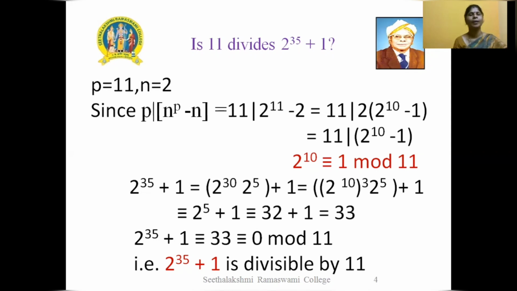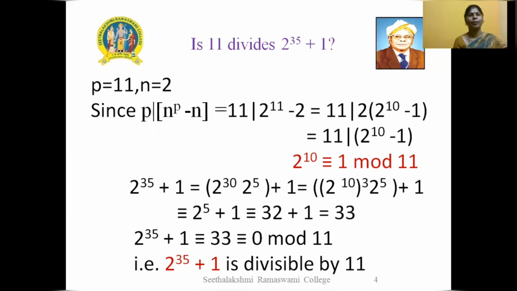From the problem, consider 2 power 35 plus 1 equal to 2 power 30 into 2 power 5 plus 1, which is equal to 2 power 10 whole power 3 into 2 power 5 plus 1. Instead of 2 power 10, we replace it by 1 using the above congruence relation.